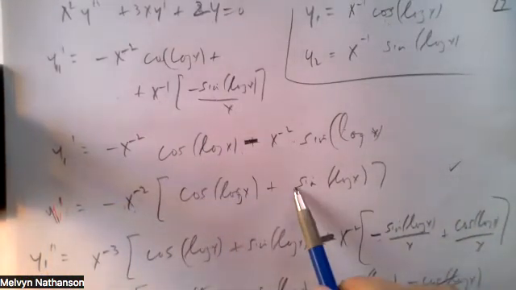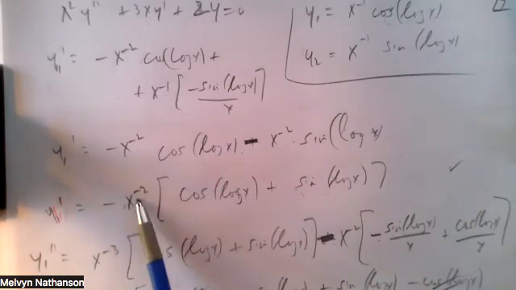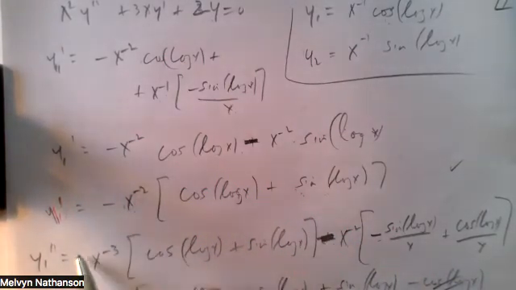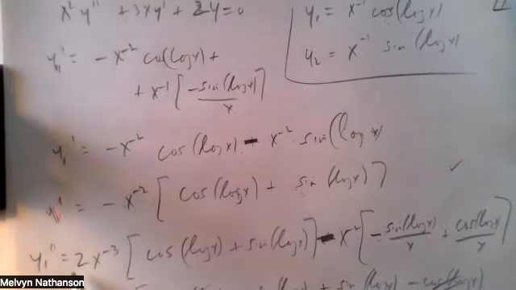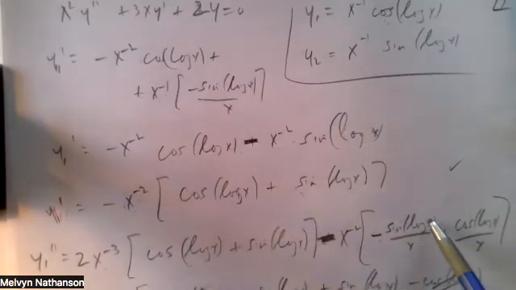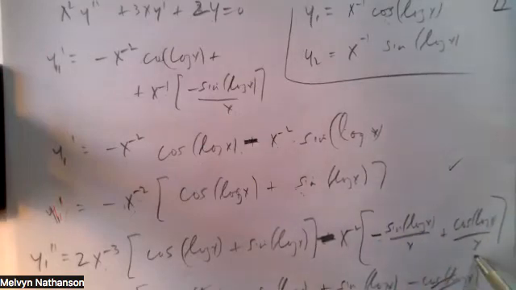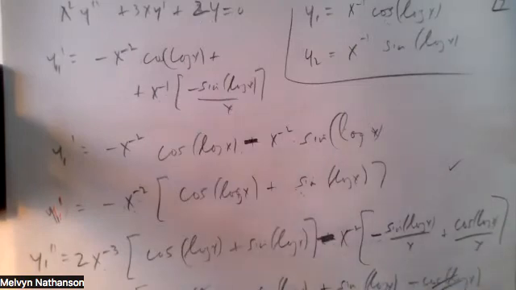If I differentiate this a second time, the derivative of minus x to the minus 2 is plus 2x to the minus 3. Plus 2x to the minus 3 times cosine log x plus sine log x. Let's see, maybe that's my only mistake. Minus x to the minus 2. The derivative of this is minus sine log x over x. Derivative of this is cosine log x over x. So I get x to the minus 3 that I can factor out.